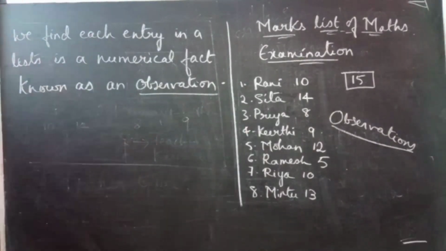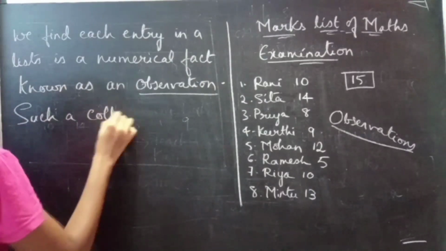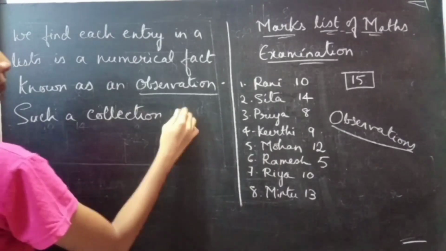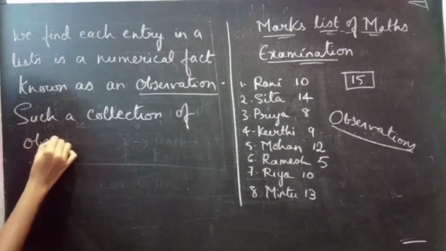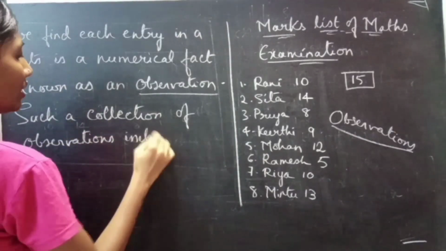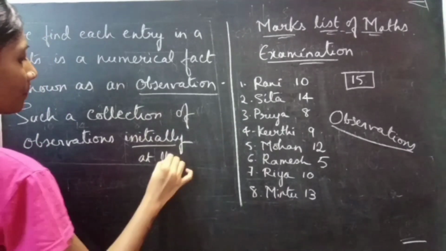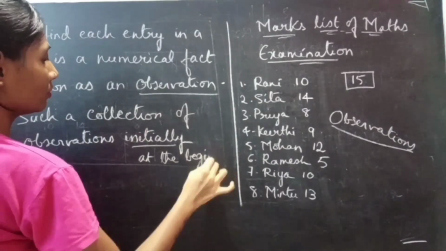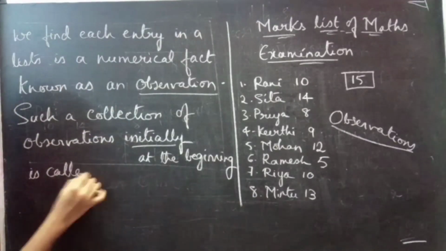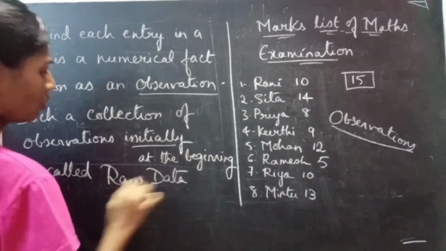Such a collection of observations gathered initially, that is, at the beginning, is called raw data.